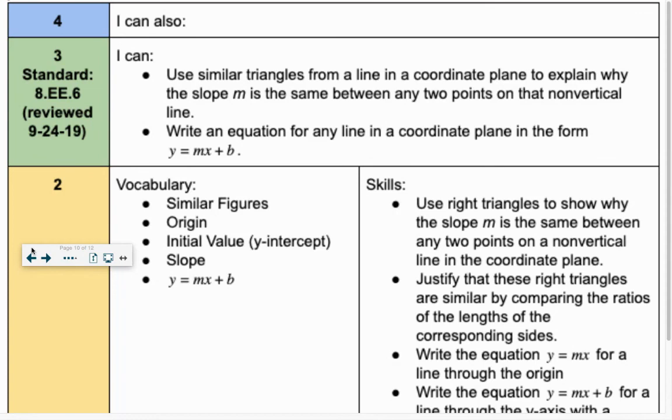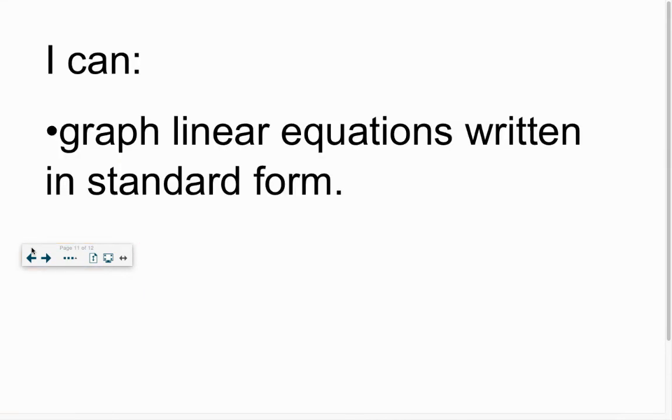Today, we're looking at graphing equations in standard form. So we were able to use our initial value or y-intercept, and then we can go from there. You can see a lot of our skills talk about writing equations or graphing them in that form, but if it doesn't make us change it, doesn't make us rewrite the equation, then just graph it. Today, that's all we're trying to do is graph linear equations written in standard form, where the x and the y are both on the same side.